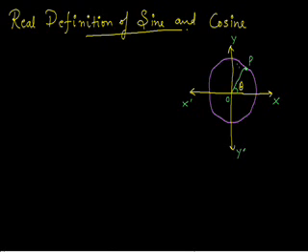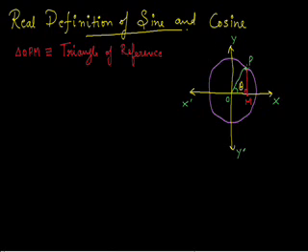So if I drop a perpendicular from this point P on x-axis, let this perpendicular meet the x-axis at the point M. Then this triangle OPM is called as triangle of reference.